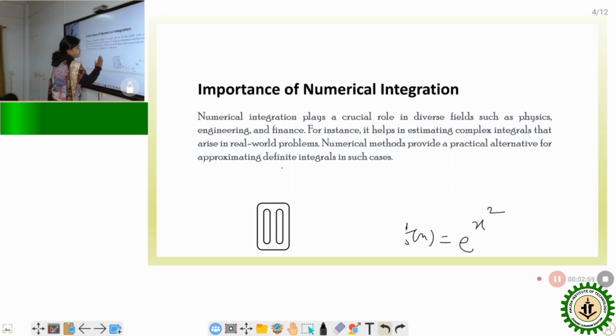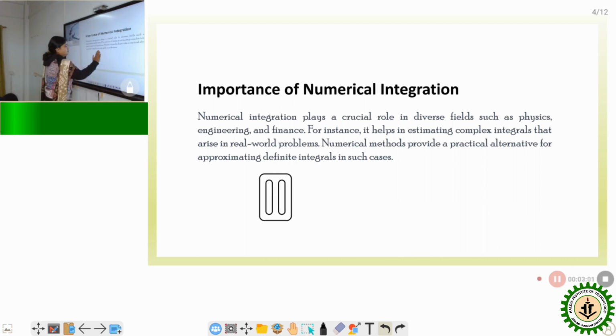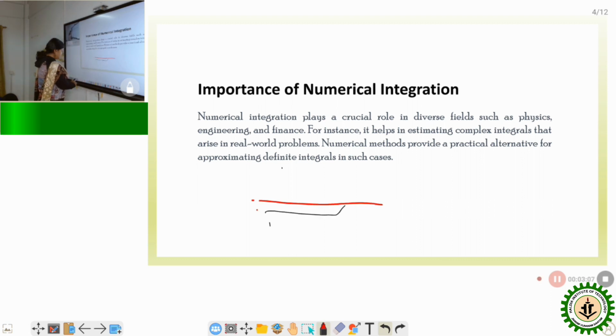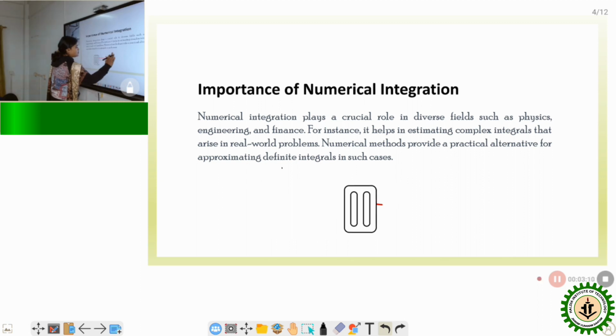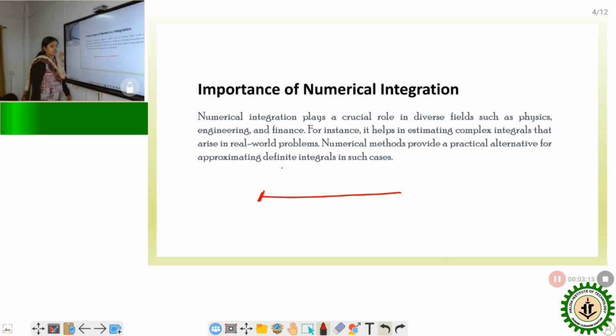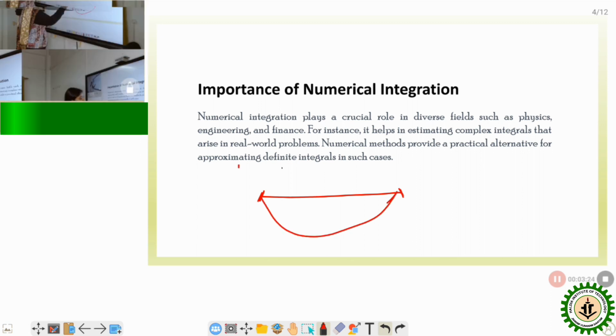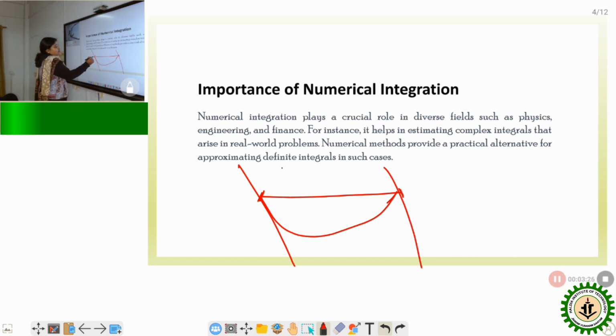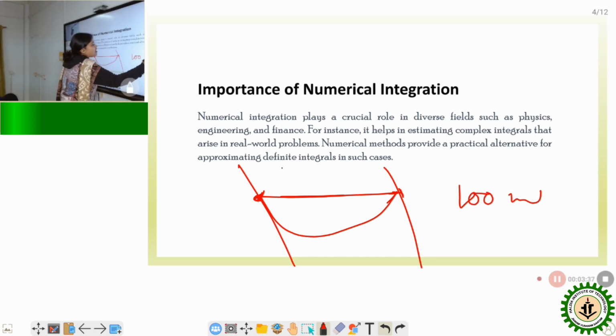Another thing I will discuss. Suppose we are standing at the bank of a river, and we want to find the cross-sectional area. This is a river, and we are standing at this position. Suppose this length is 100 meters.